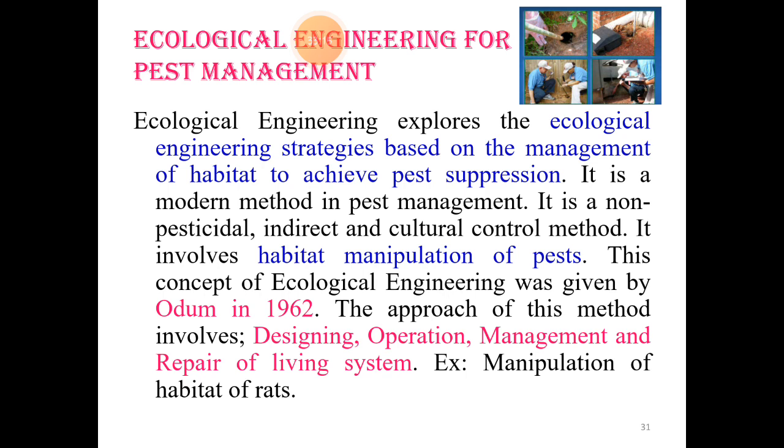According to him, the ecological engineering process includes designing, operation, management, and repair of living systems. So these are different stages by which we can approach the ecological engineering method.